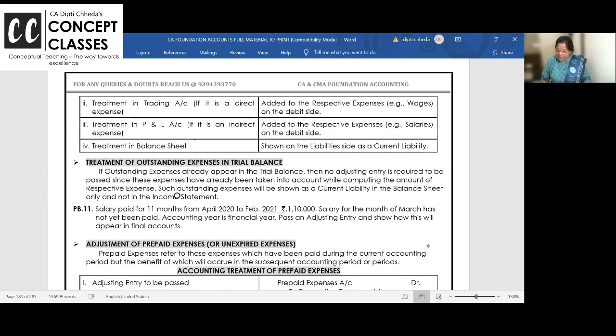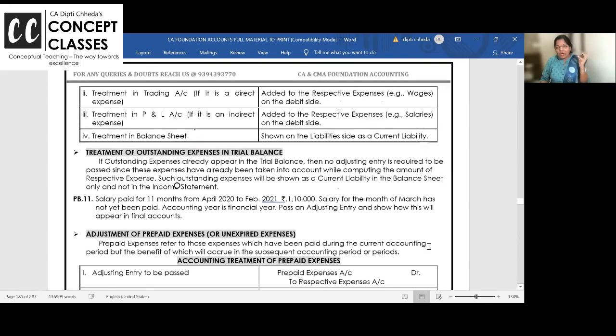And if outstanding expense is given in the trial balance only, right, then that means expense to outstanding is already passed. Then outstanding expense will be shown only in the current liability in the balance sheet and not in the income statement.